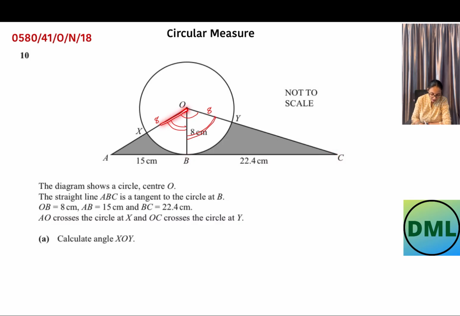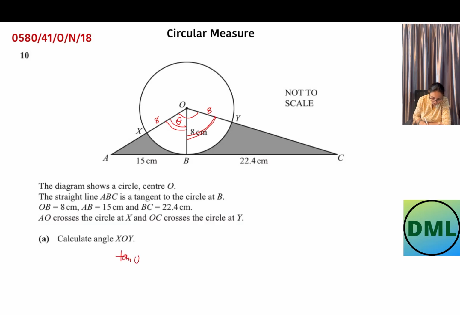Since this is a right angle triangle, I can apply trigonometry to find out the angle AOB. Let's suppose that this angle is theta here. For this theta, this 15 centimeter is opposite and this 8 centimeter is the base. The relation between opposite and base is tan theta. Let's write down here.